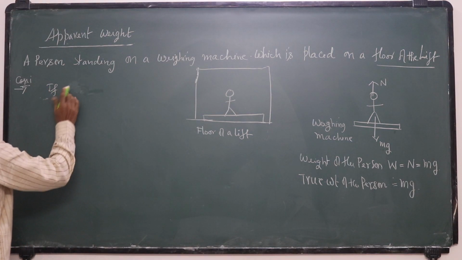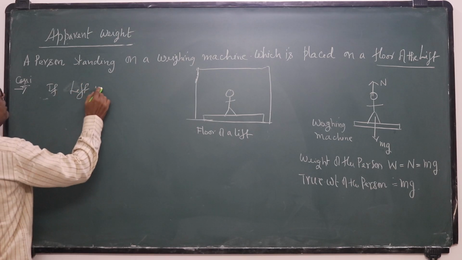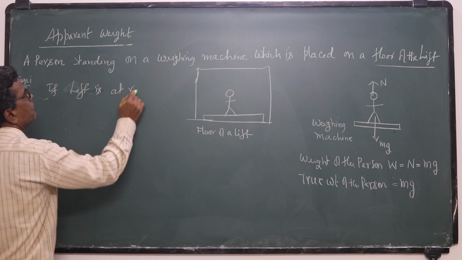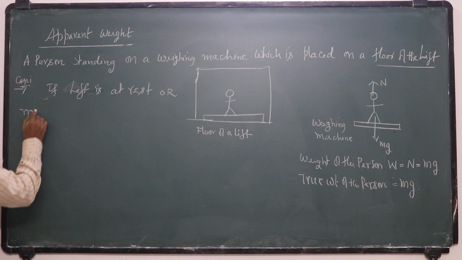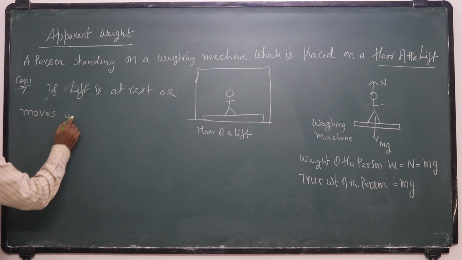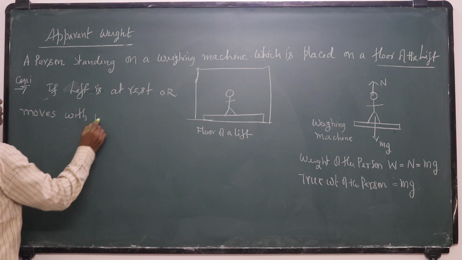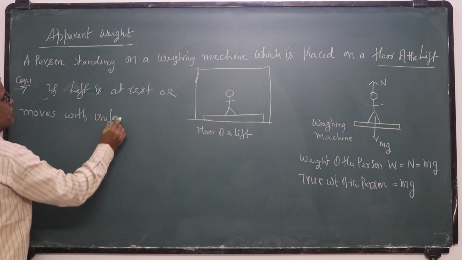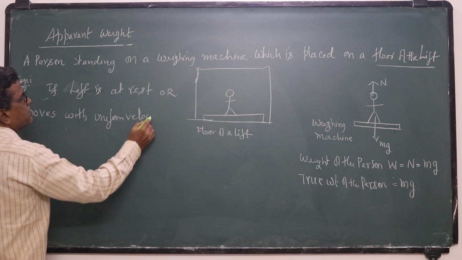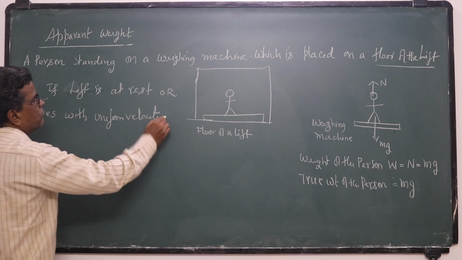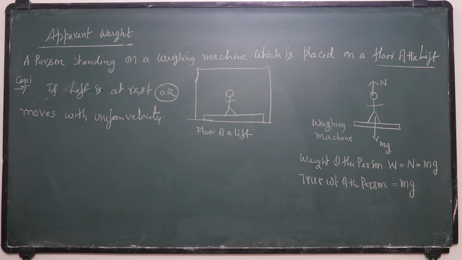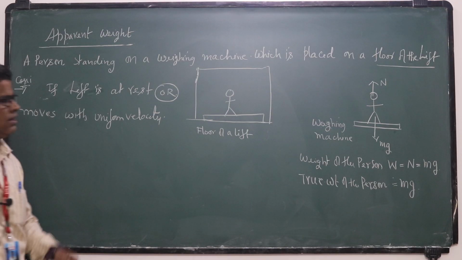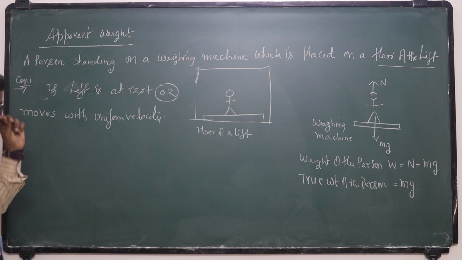If the lift is at rest or moves with uniform velocity, that means its acceleration is 0. So what happens?